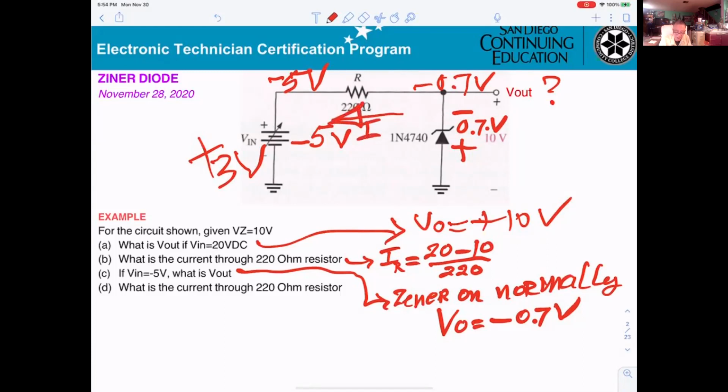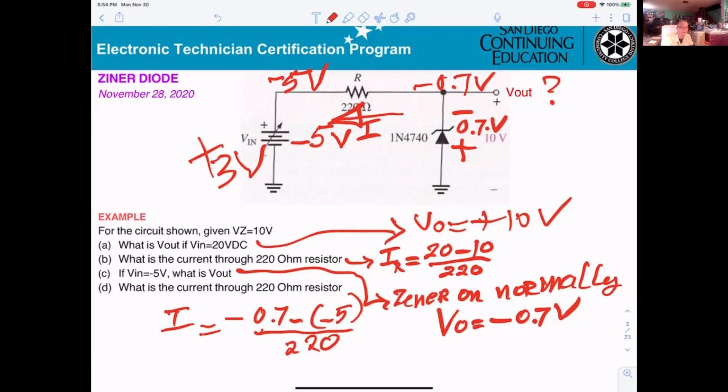So I will be minus 0.7 minus minus 5, divided by 220. So that will be 4.3 divided by 220.